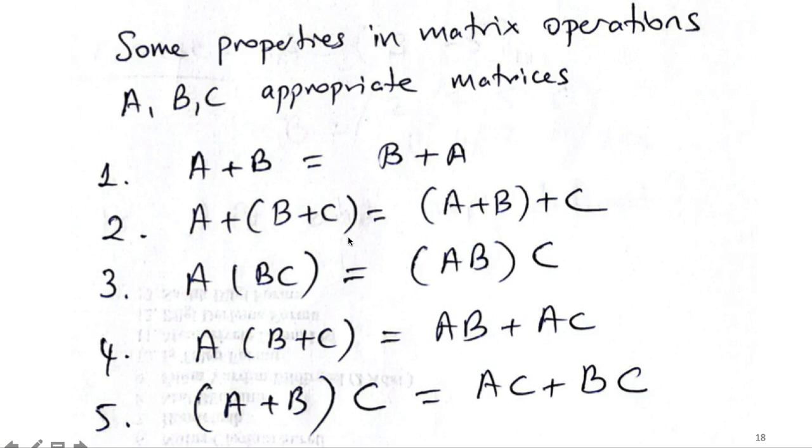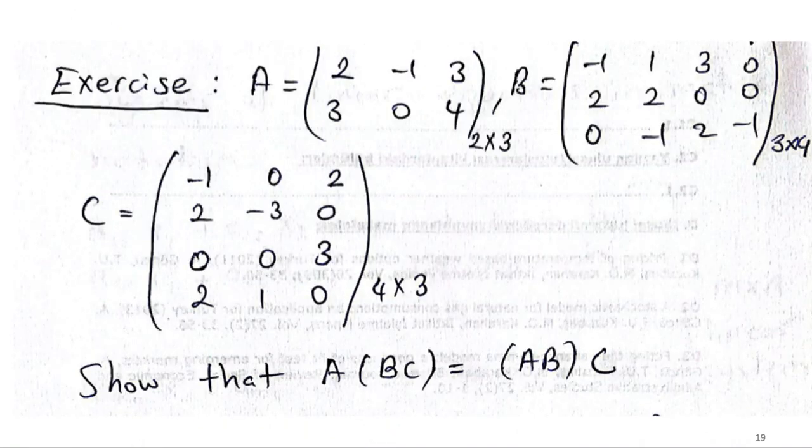Here are some basic properties of matrix operations that you should keep in mind, because we will be using these operation properties quite often. Here's a small exercise you can try.